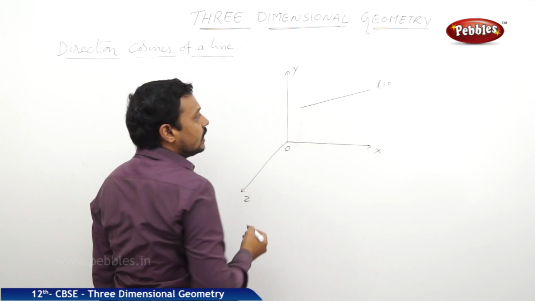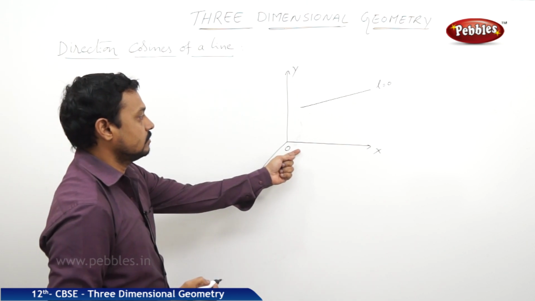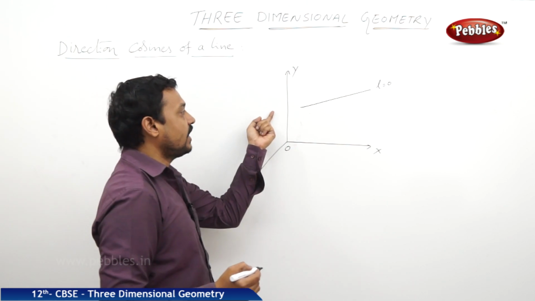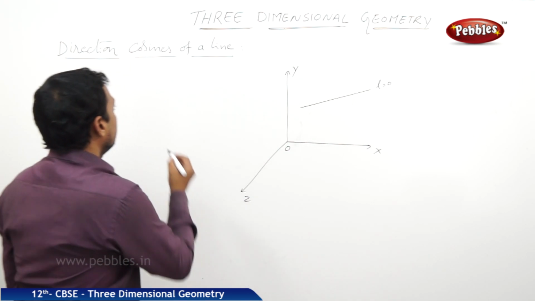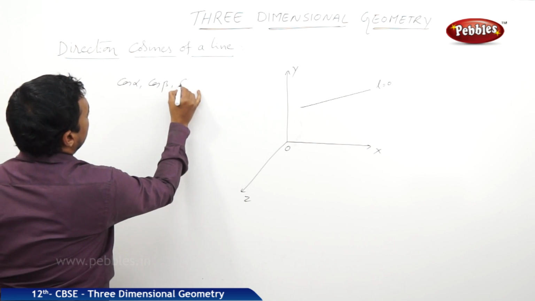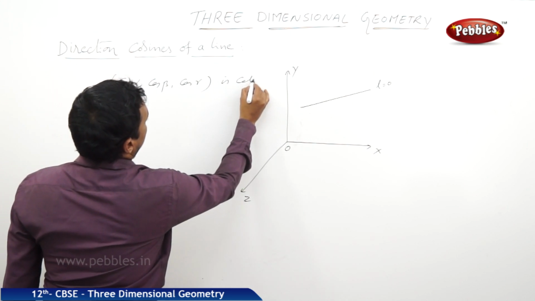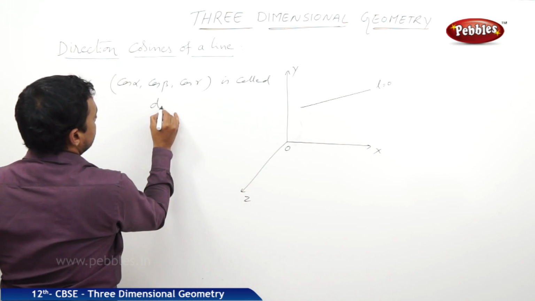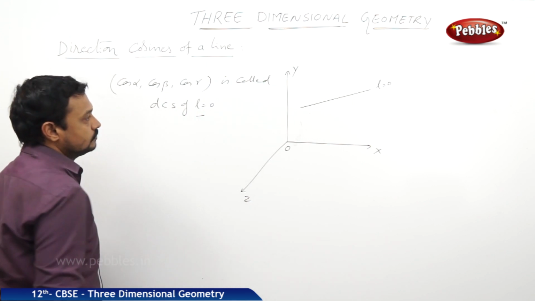Suppose the line L makes an angle alpha with the x-axis, beta with the y-axis and gamma with the z-axis, then cos alpha, cos beta, cos gamma are called direction cosines, simply DCs, of the line L equal to 0.